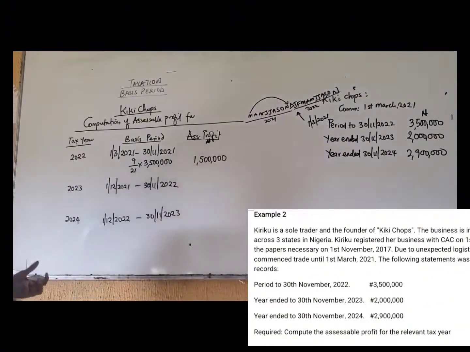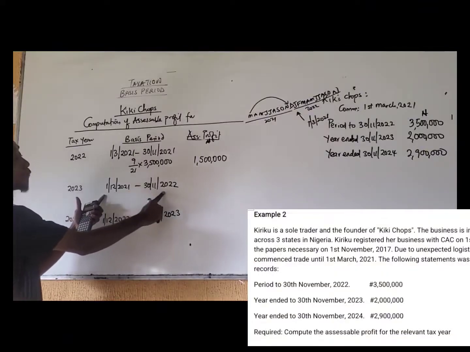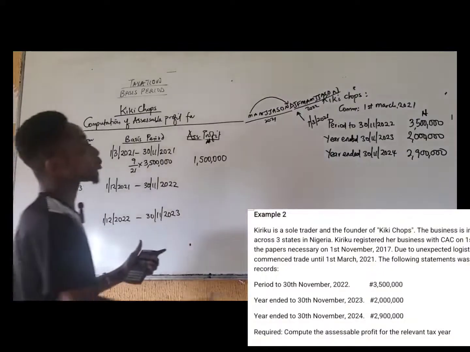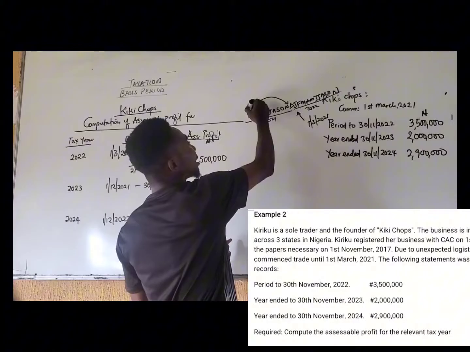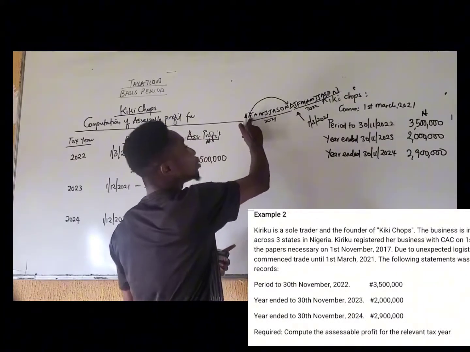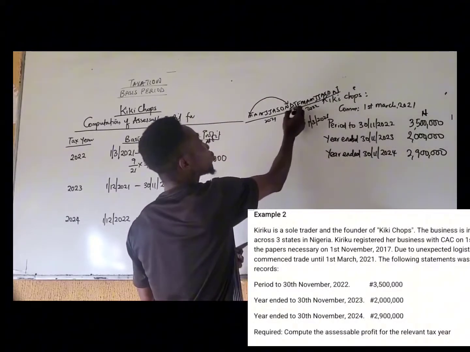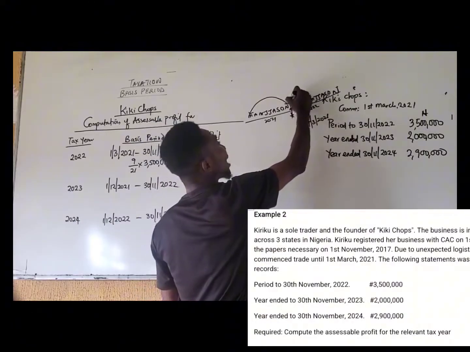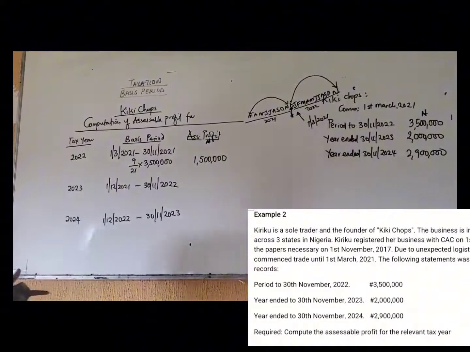All right. Next period, 1st of December 2021 to 30th of November 2022. 1st of December 2021 is still in this first period. Because if we look at this period, it started from March 2021 till November 2022. So it means December 2021 is still in this period. December 2021 to November 2022, that's the remaining 12 months.